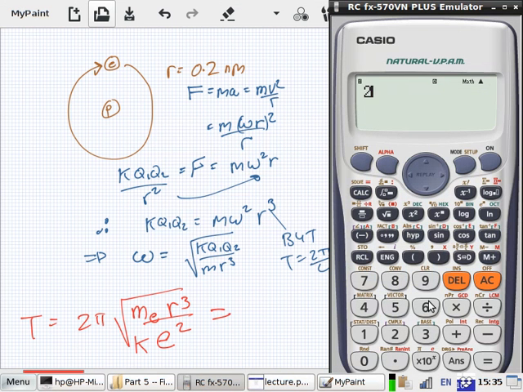2 pi square root of mass of electron times the radius cubed, which is 0.2 times 10 to the power of minus 9, all over K, which is 1 over 4 pi epsilon 0, times E squared.